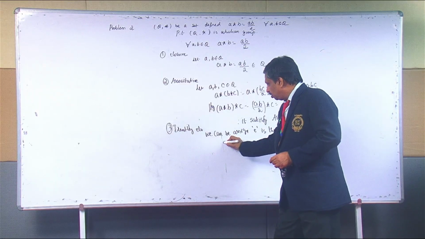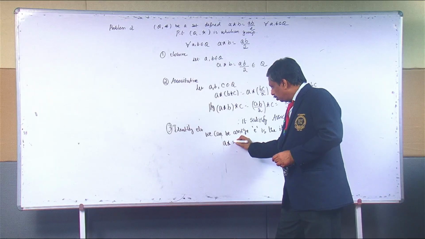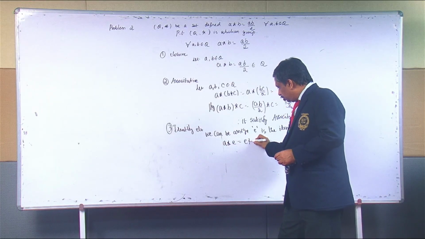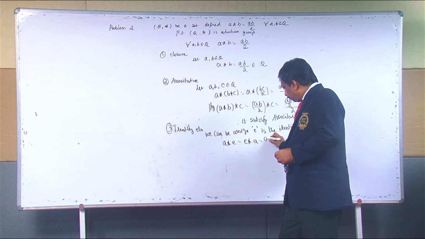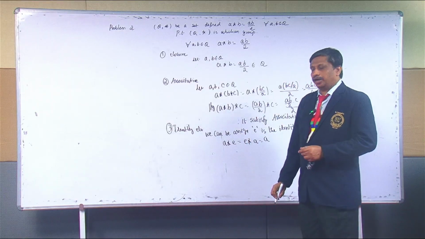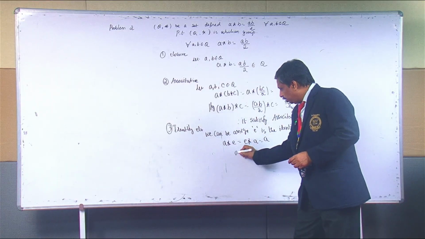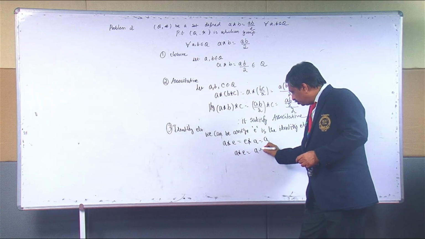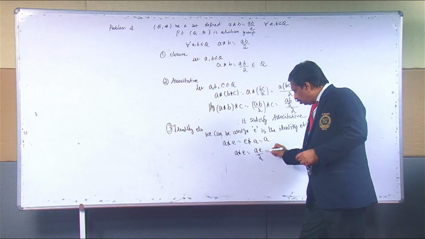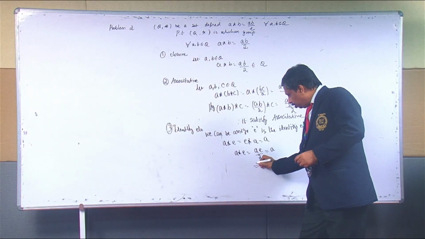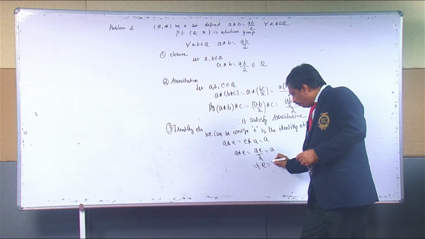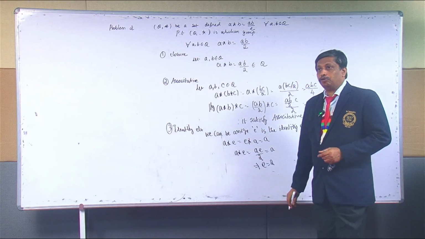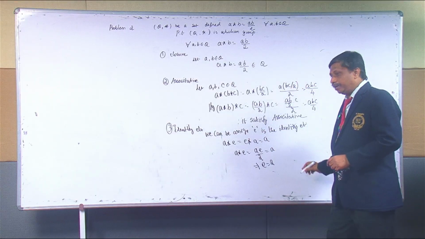Now what is the definition? A star E equal to E star A equal to A. This is the definition of the identity element. So what is A star E? By the definition it becomes AE by 2, which is equal to A. By the cancellation law, what is the E value? E value is 2. Therefore, E equal to 2 is an identity element in Q.